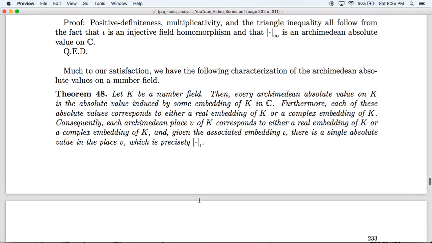So what we've just done here is extend our abusive notation. We started with one that freely identifies prime ideals, valuations, and places, and now into that mix we're going to throw embeddings too. And embeddings are going to be the one that gets us the most mileage, because they're the ones that exist for all fields, for all places, and aren't limited like valuations are.